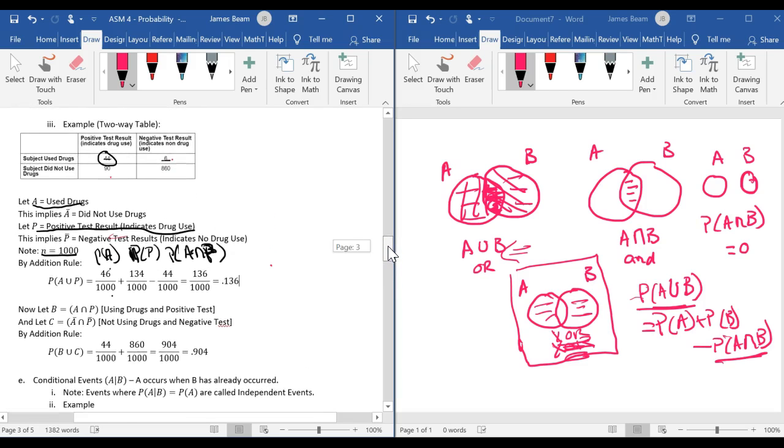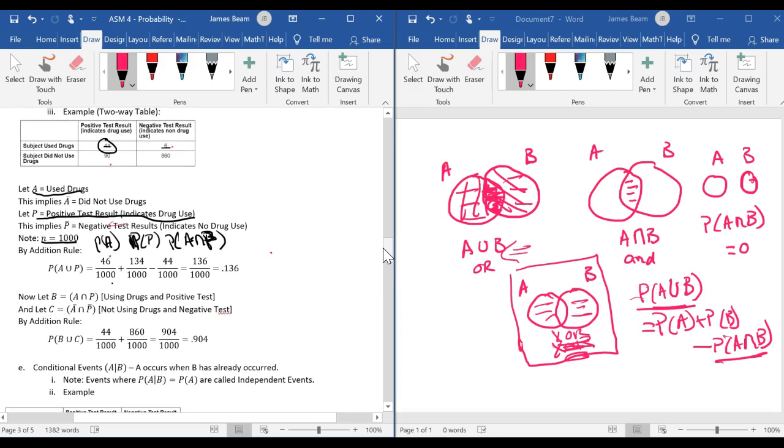So if you look at something that's mutually exclusive, right? Remember, when you're mutually exclusive, the probability here is going to be 0. So like if M and N are mutually exclusive, the probability of both comes up at 0. So like we've got here the probability of using drugs and positive.